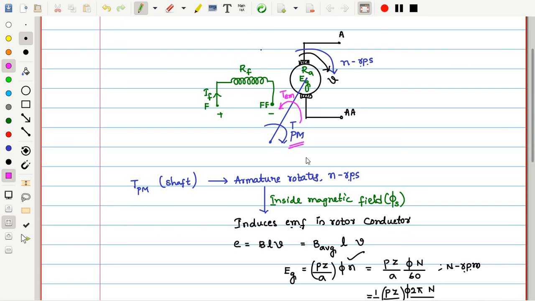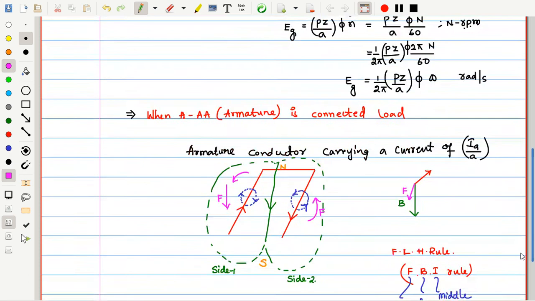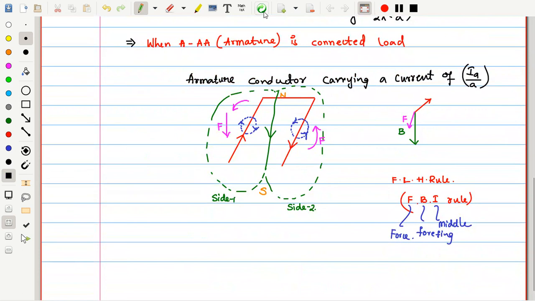So the opposing torque produced under the generator case is the electromagnetic torque. So TEM torque is basically force into distance. Once you have this force and the conductor length, that gives the torque. So let me say directly, this is TEM, electromagnetic torque.